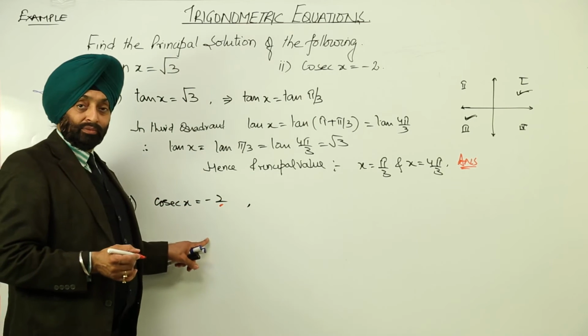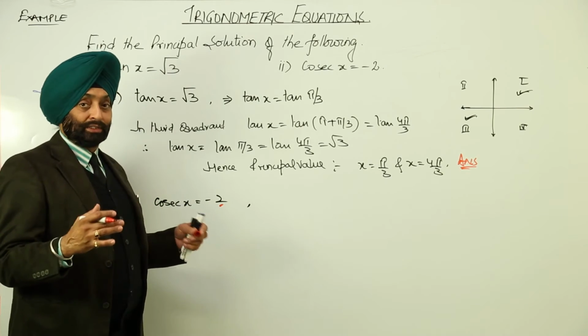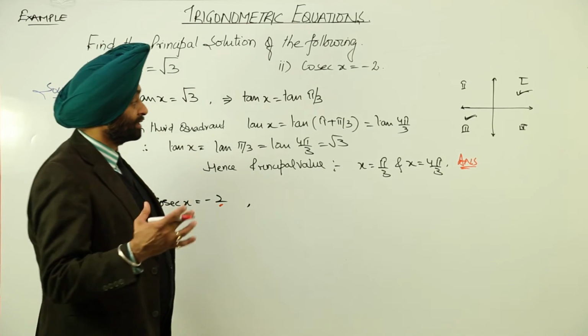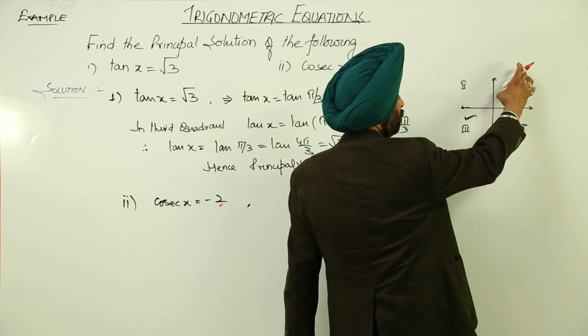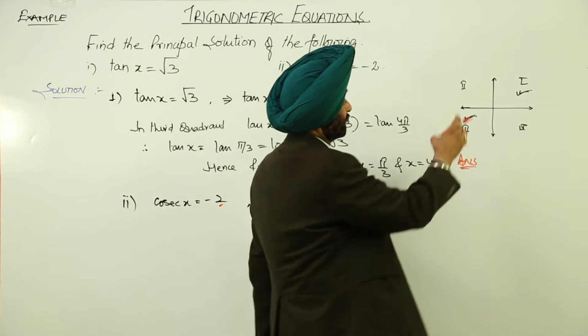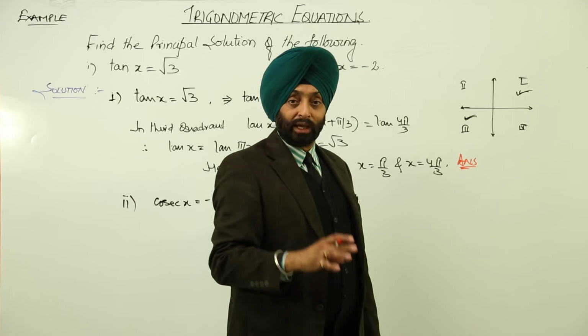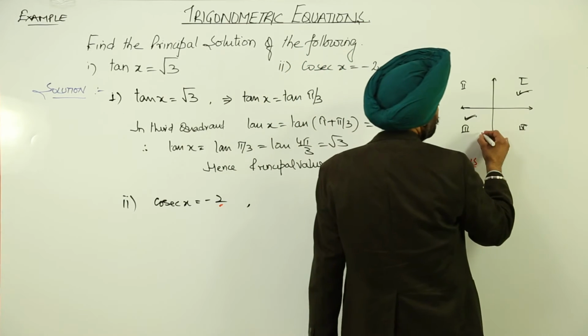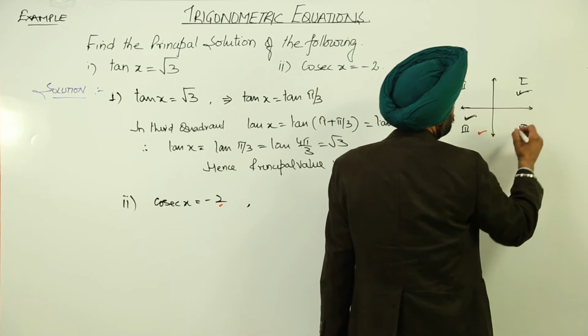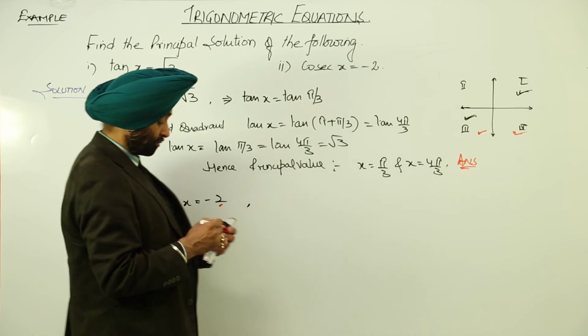When it is negative, in which parts is cosecant negative? Let's check. In the first quadrant all are positive, in the second quadrant sine and cosecant are positive. So in the third quadrant and the fourth quadrant, cosecant is negative.